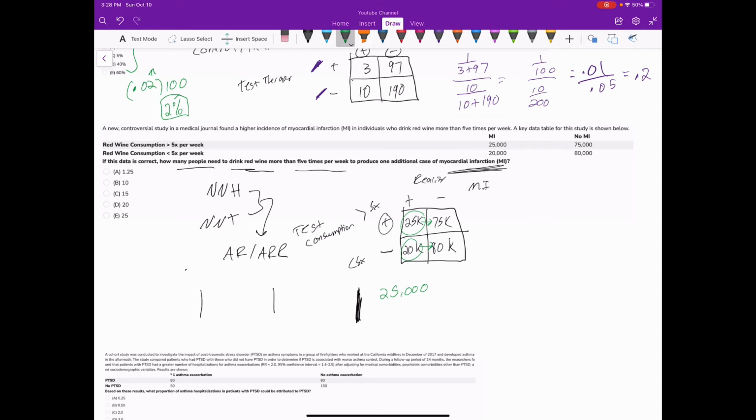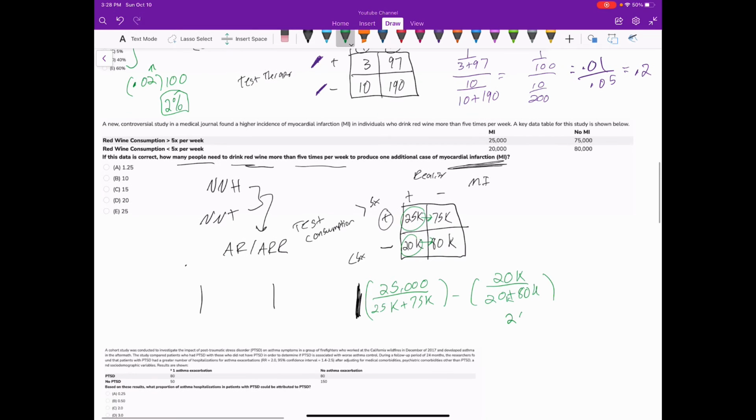So we're going to go 25K over 25K plus 75K, right? And we're going to subtract that from what? The bottom one, 20K over 20K plus 80K, right? All right, so let's reduce it real quick.